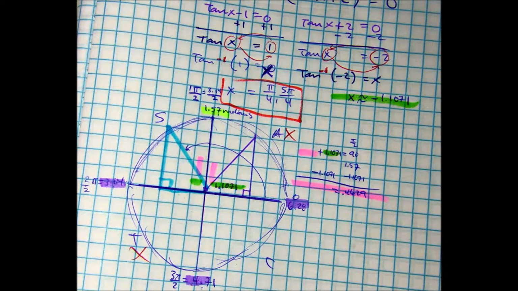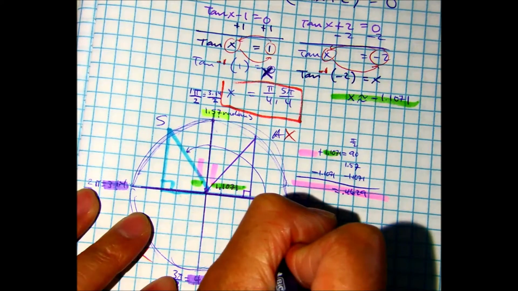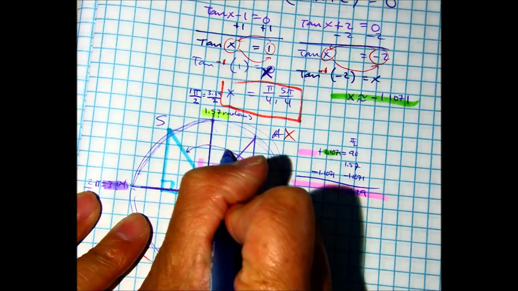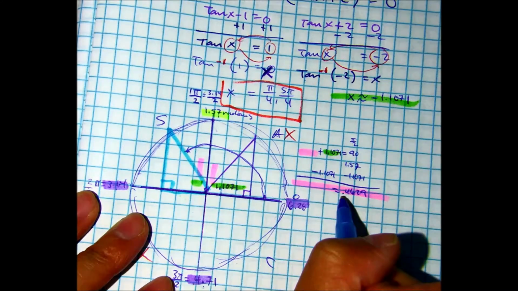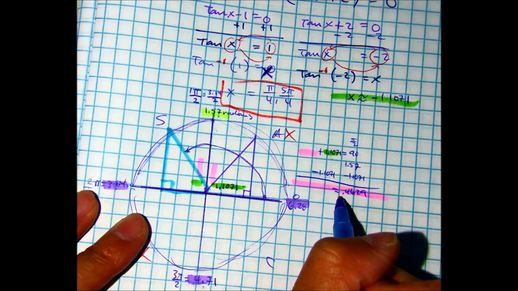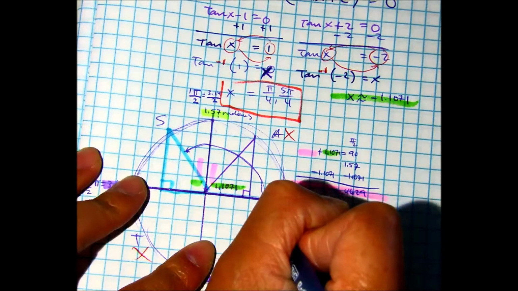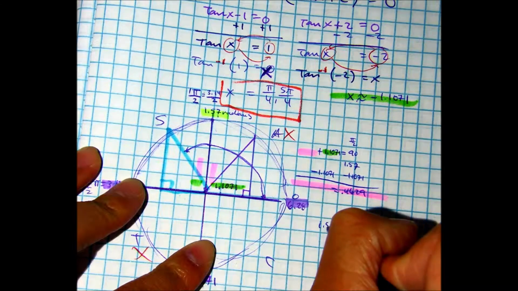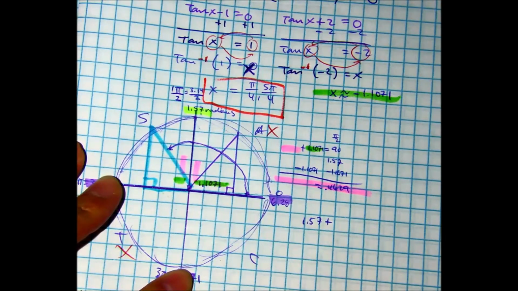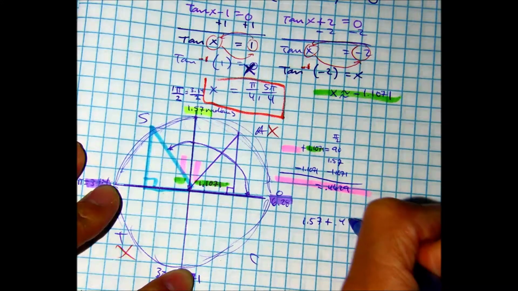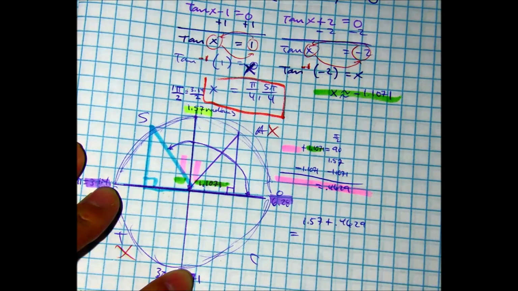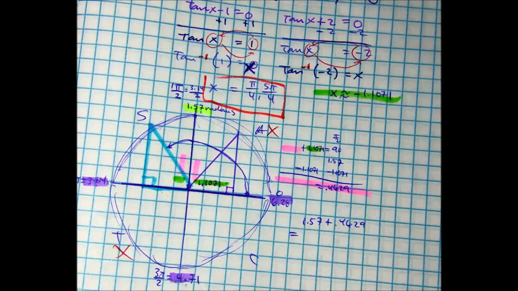Okay, watch. 0 radians, 1.57 radians, plus 0.4629 radians. 1.57 radians plus the pink, 0.4629 radians, and that number will equal 2.0329.